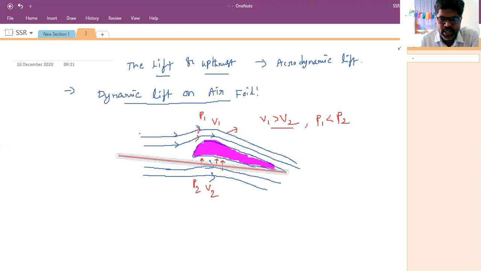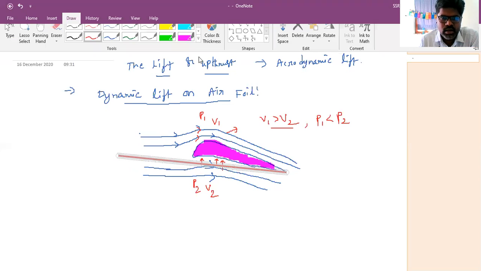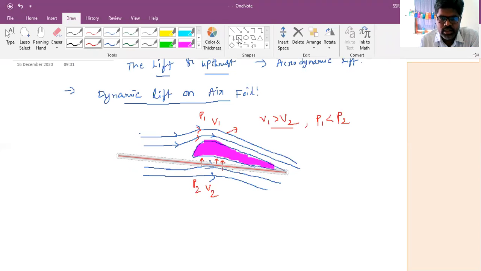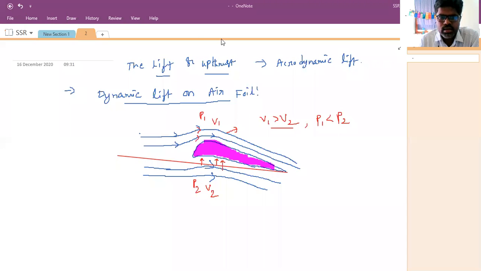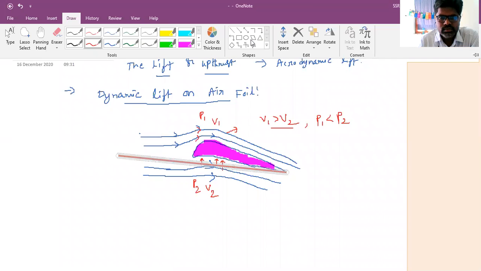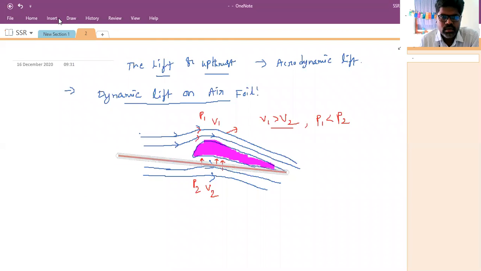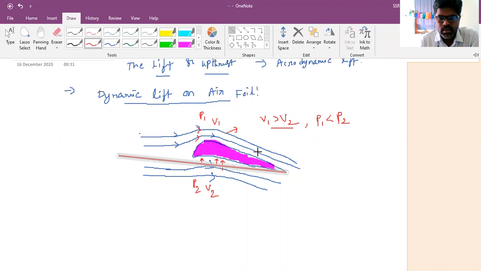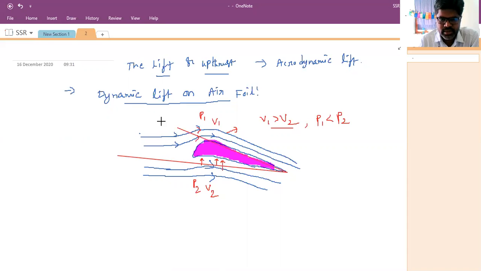And then you can draw another line with respect to the chord of this wing. From this point you can draw another line like this. So there is an angle between these two lines.